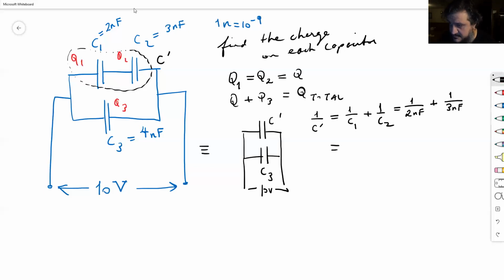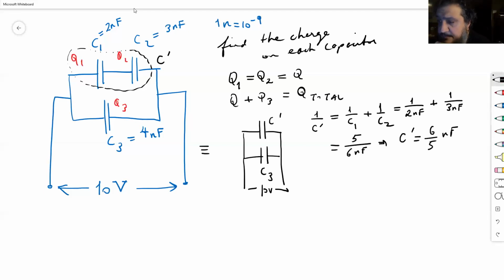So that's equal to 3 plus 2, 5 over 6 nanofarads. So C prime is 6 divided by 5. What is it? 1.20, 1.25? 6 over 5 nanofarad.